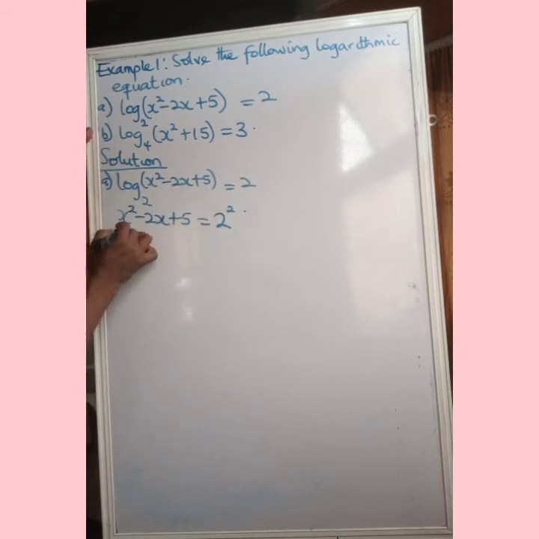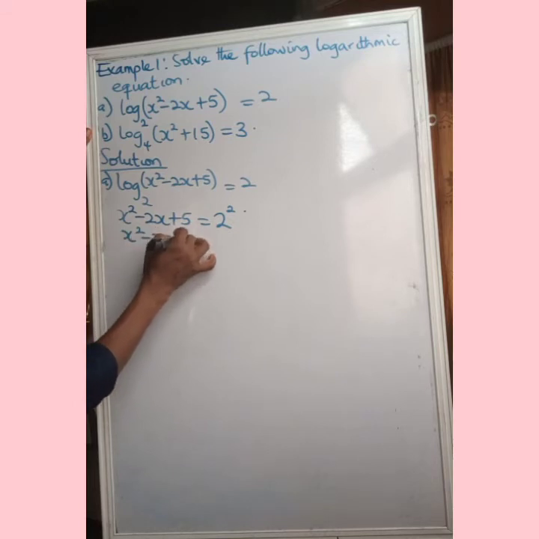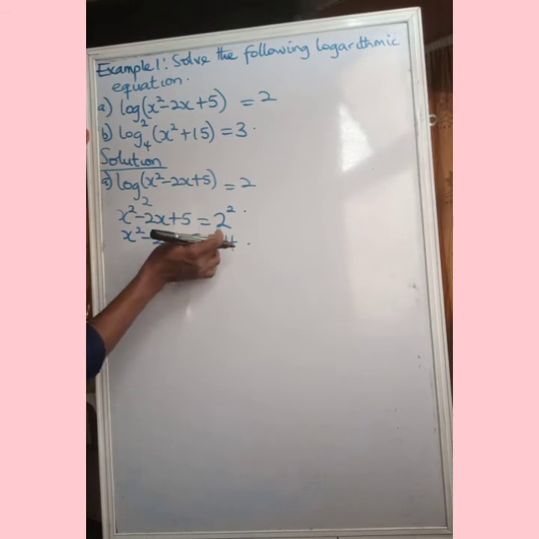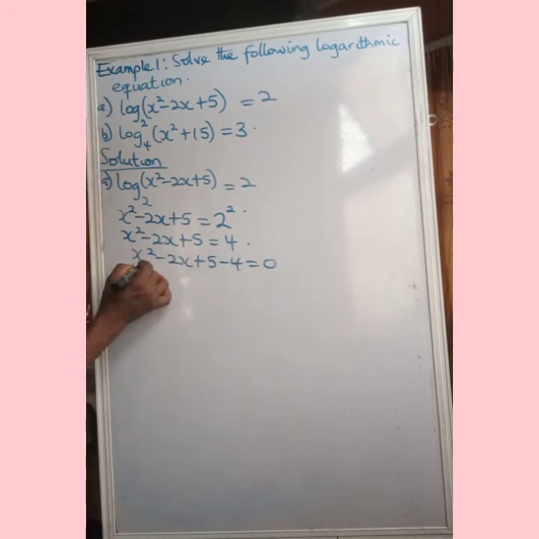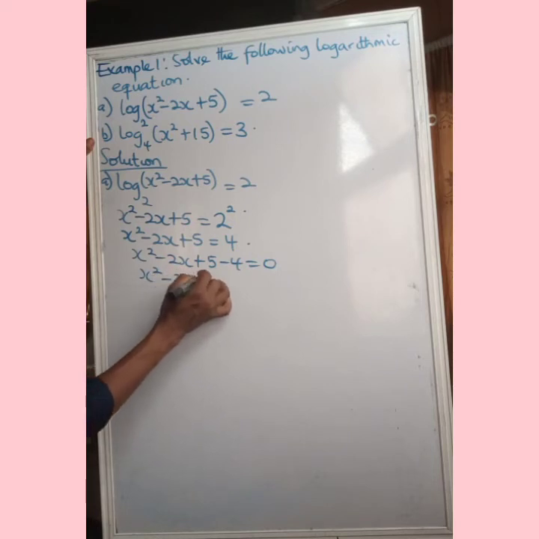And what's 2 raised power 2? That's 4. Now, this has turned to an equation and we need to solve it out that way. You bring 4 to the left hand side, everything will be equal to 0. X squared minus 2x plus 5 minus 4 equals 0. You continue. X squared minus 2x plus 1 equals 0.